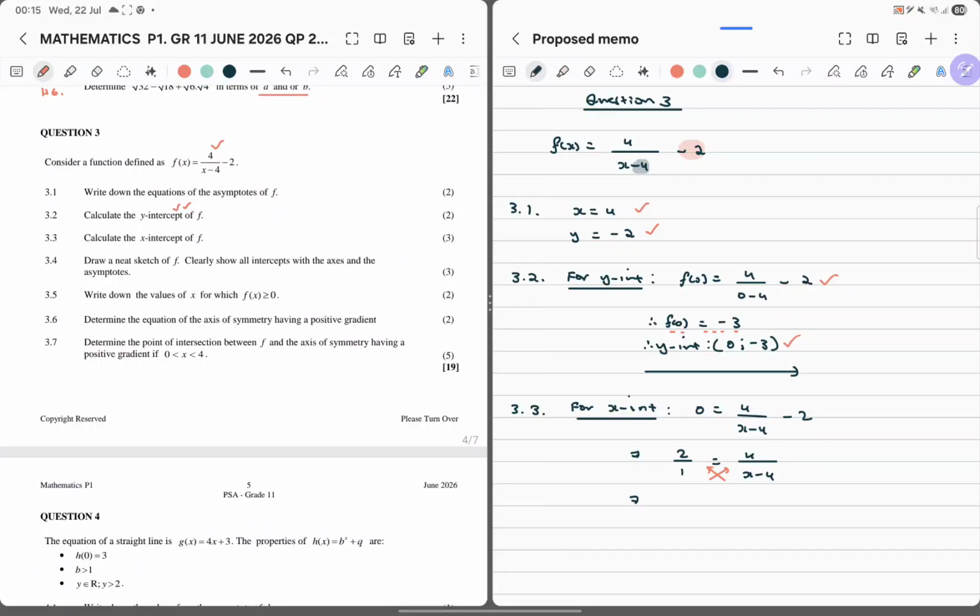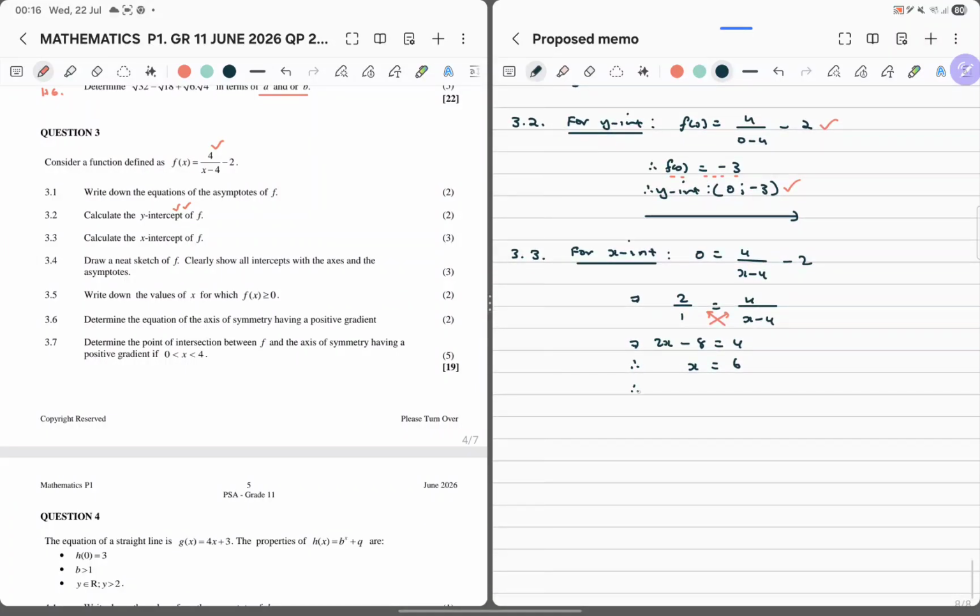This is me demonstrating. 2 times x is 2x minus 2 times 4 is 8. 1 times 4 is 4. Move it out. X is equal to transpose 8. We get 12. 12 divided by 2 is 6. So therefore, the x-intercept is going to be 6 and 0.